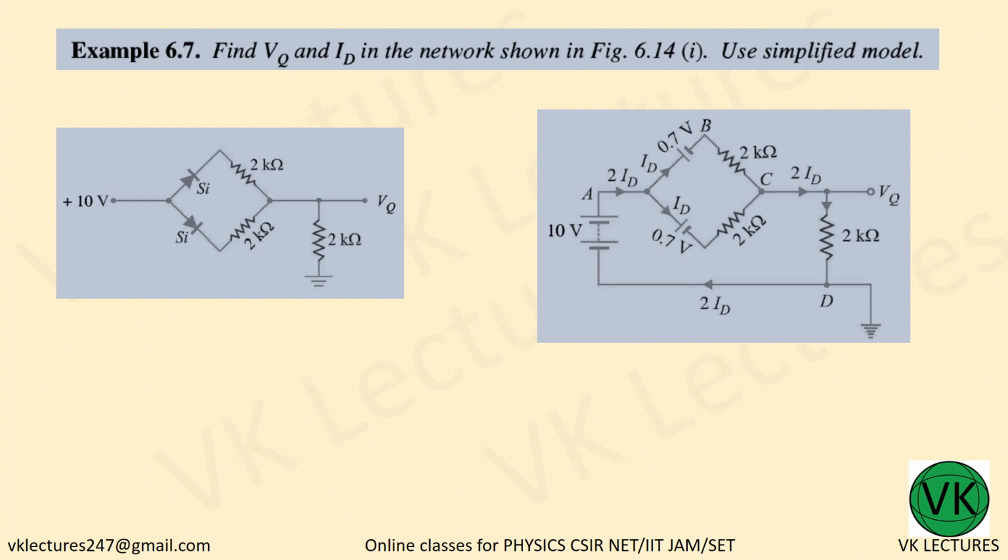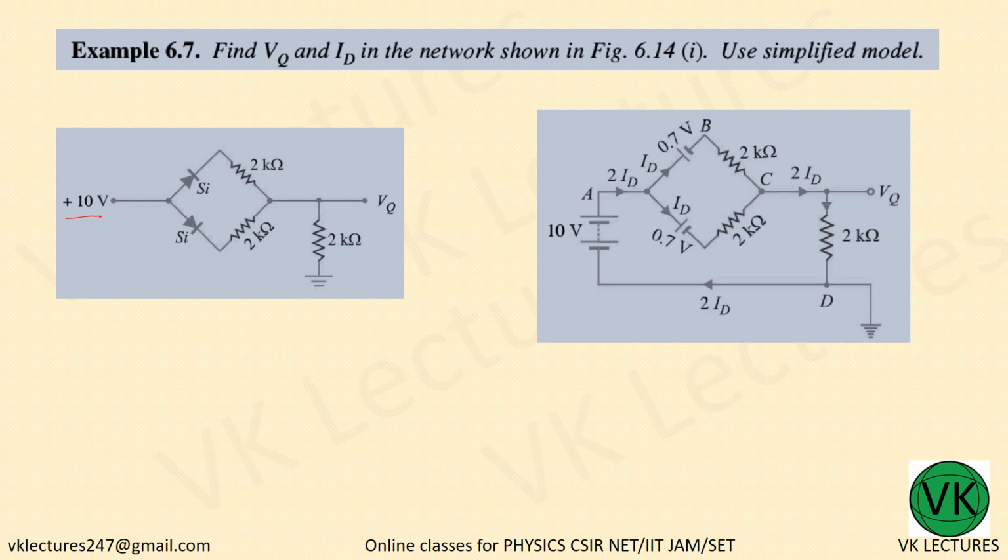So here is what we have. A 10 volt battery supply. We have a bridge-like circuit with both silicon diodes, connected in series with a 2K ohm resistance, and again a 2K ohm resistance at the end.